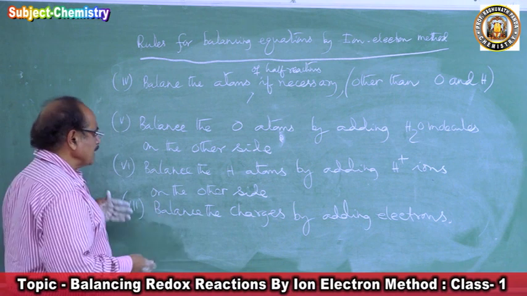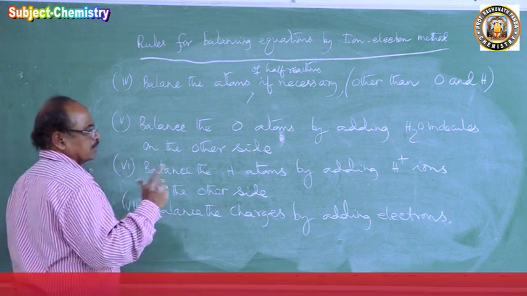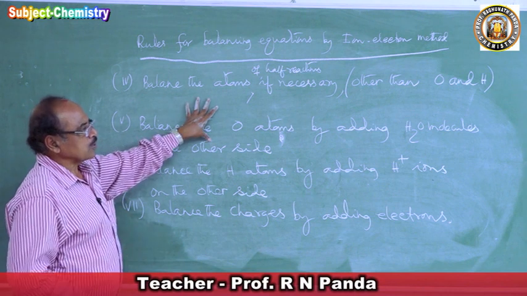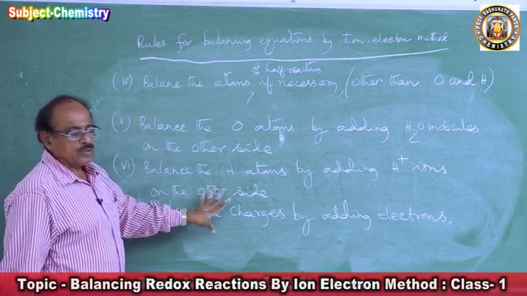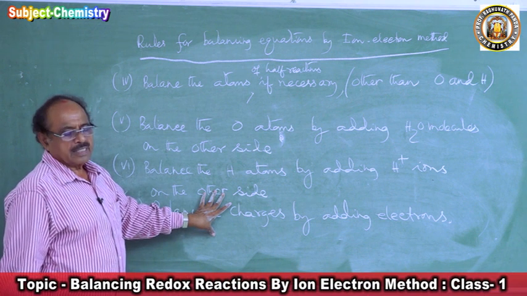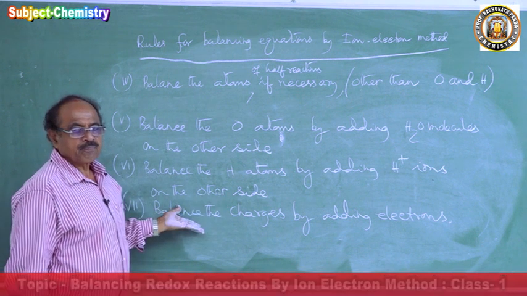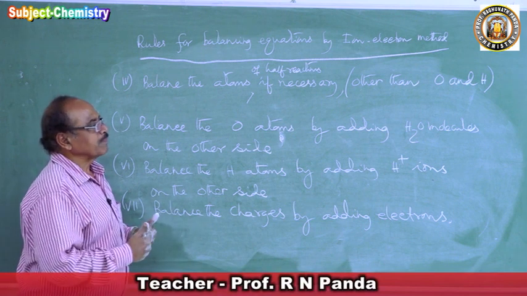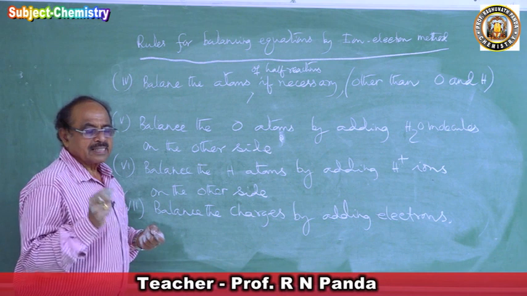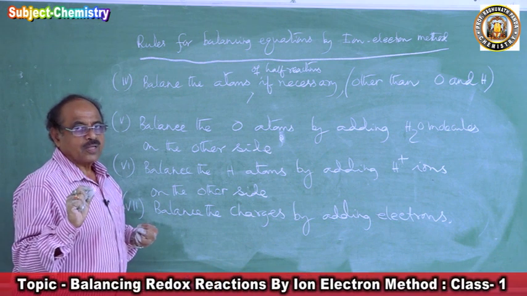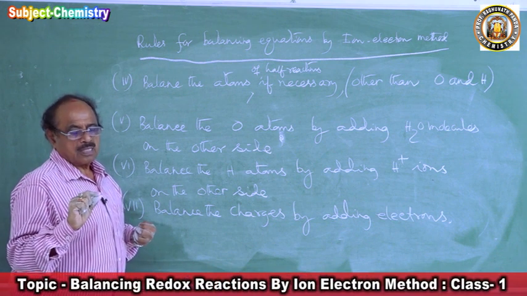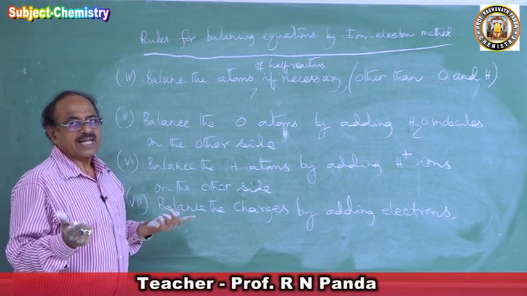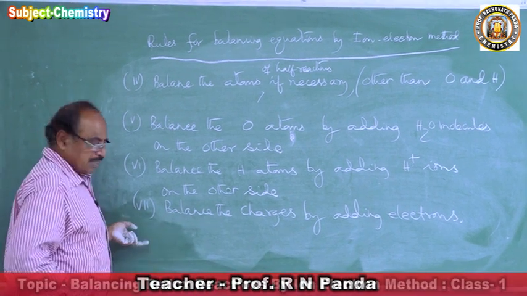So balance the electrons to cancel out the electrons. The number of electrons lost during oxidation will be equal to the number of electrons gained during reduction. So we have to multiply by the desired number to cancel out the electrons of the two half reactions.